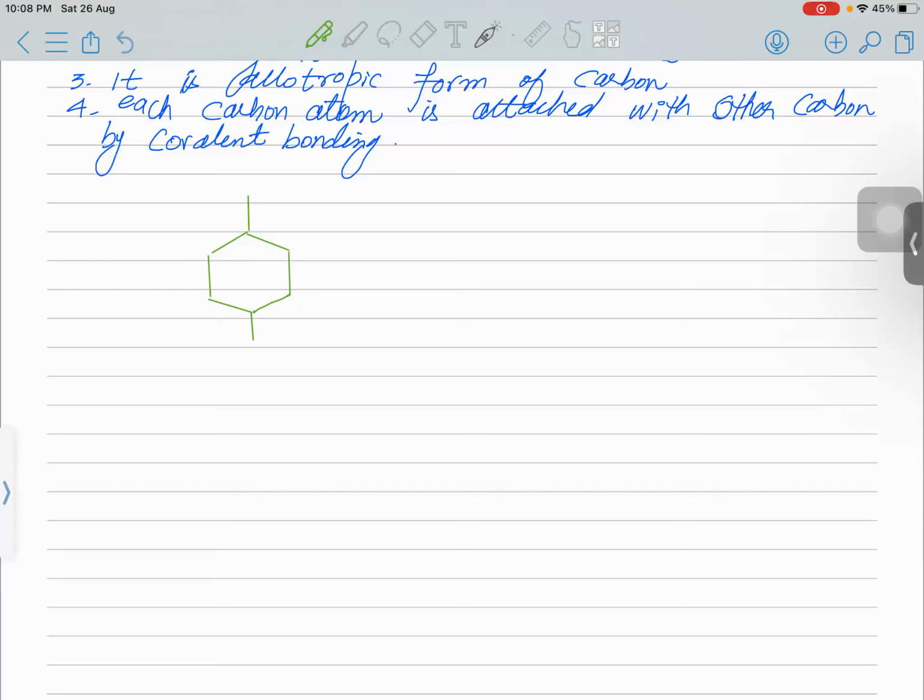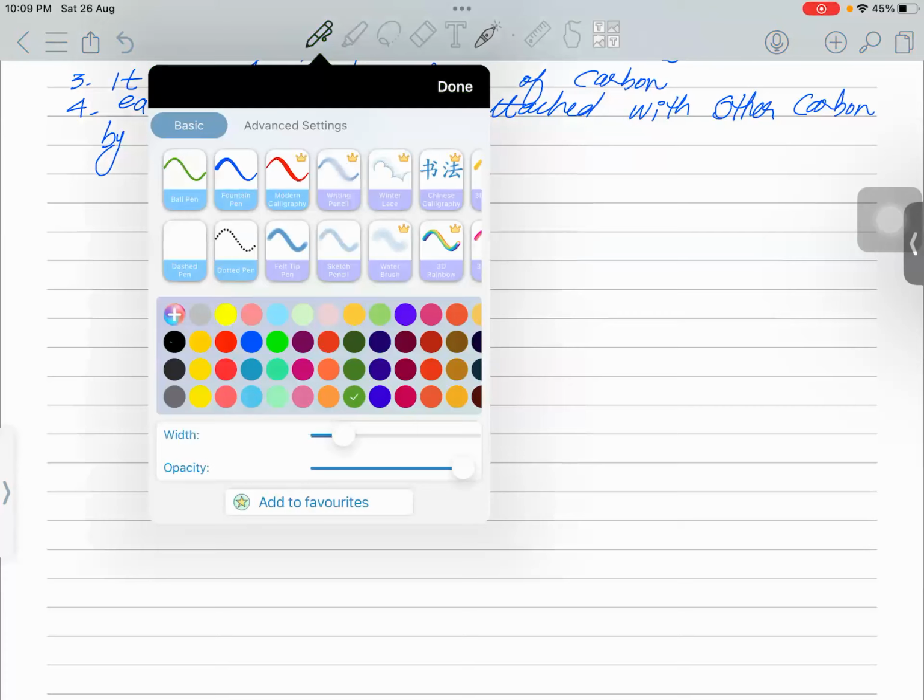So this carbon, here we have another carbon. This is the structure of diamond.